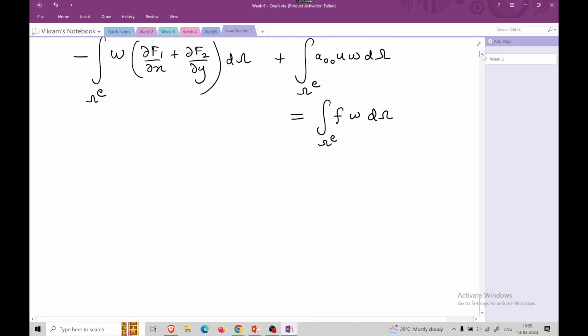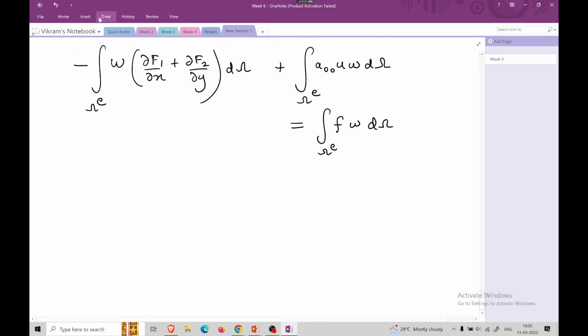So what is w times dou f1 by dou x? I'll use a different ink for this. If you have, say, dou by dou x of w times f1, I can use chain rule. It will become w times dou f1 by dou x plus f1 dou w by dou x. So why am I doing this?